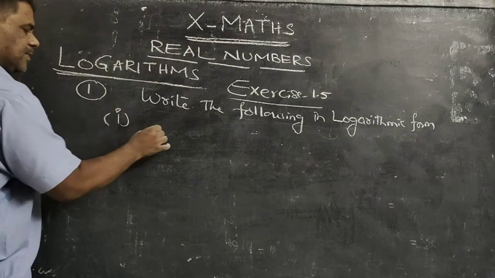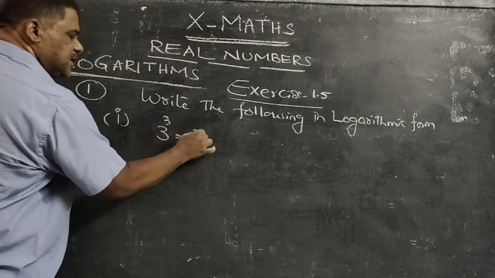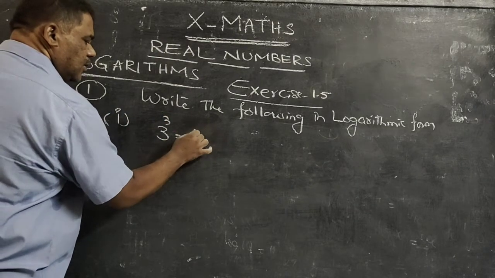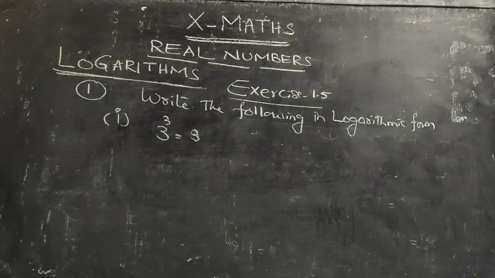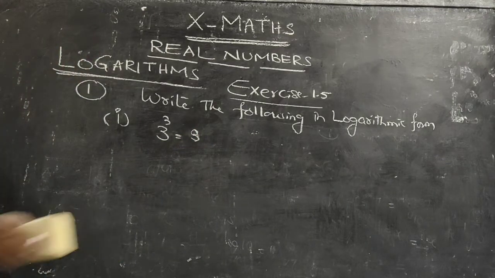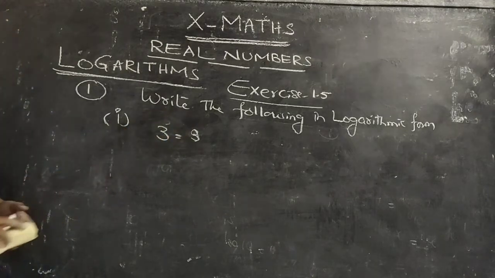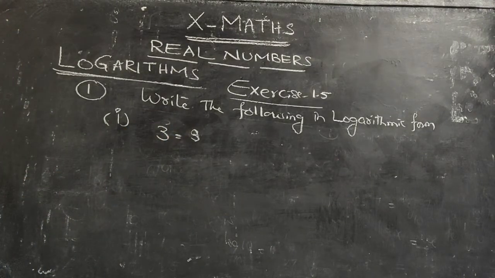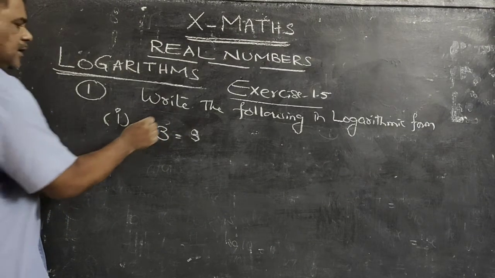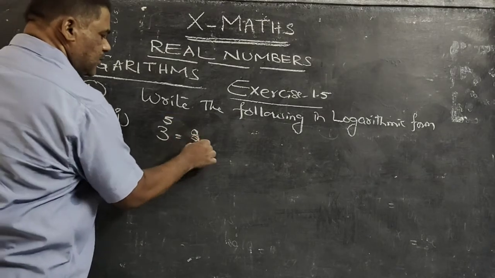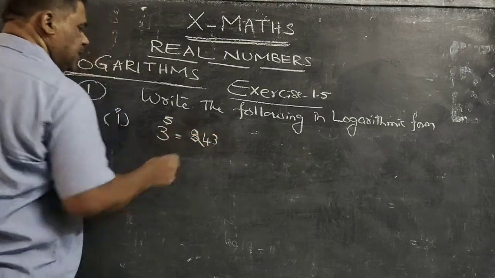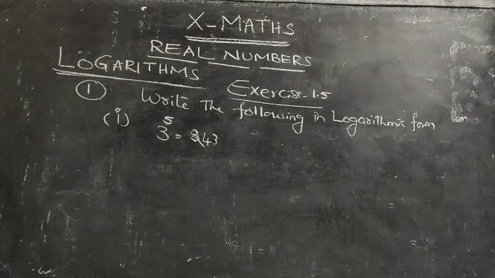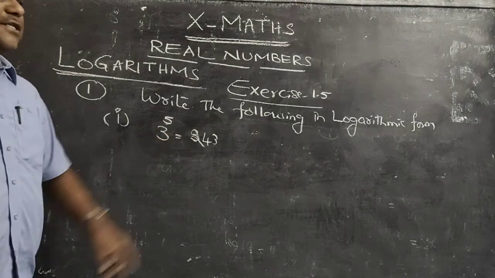First one, 3 to the power 5 is equal to 243. This is known as exponential form.